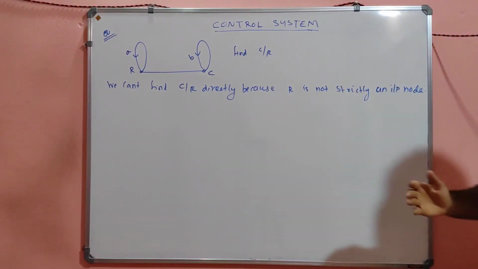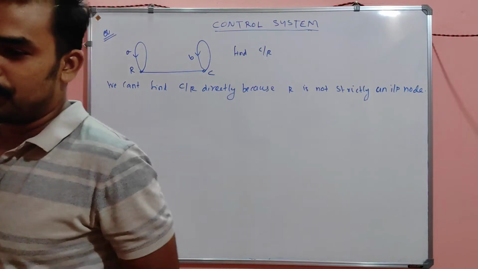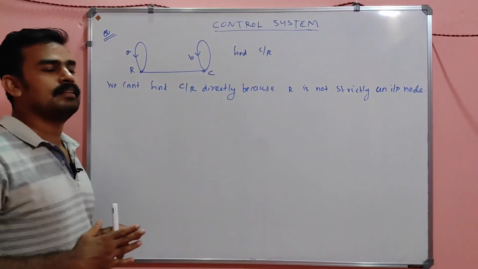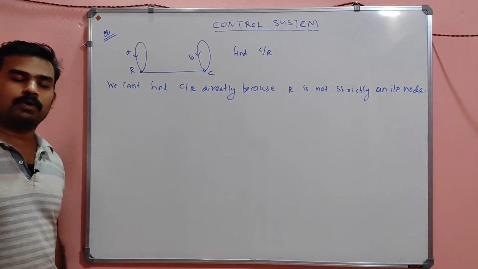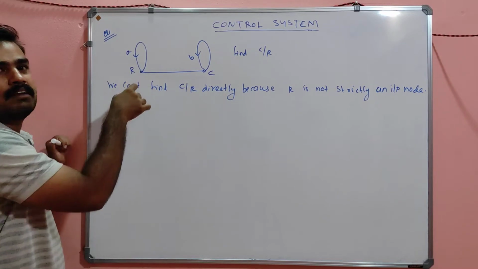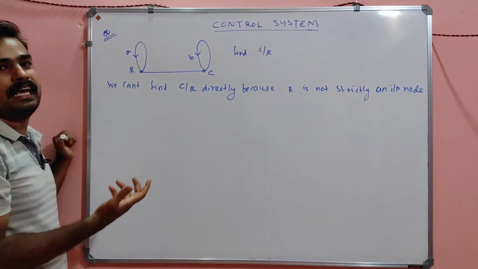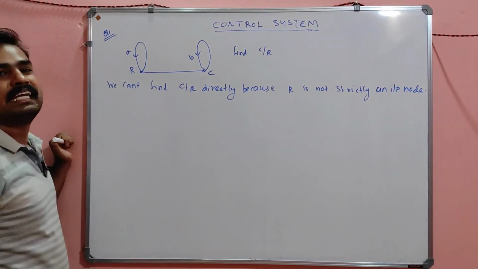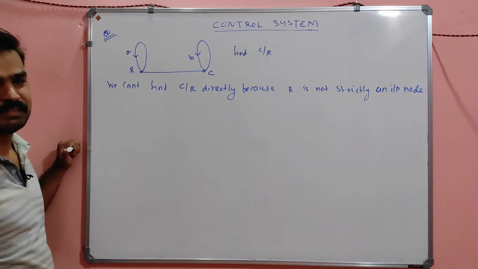But in the case of an input node, please carefully observe one thing. It should contain only outgoing branches. No incoming branches will be there. So R, see, there is a self loop of gain A here. So we can't consider R as the input node. So how can we solve this?